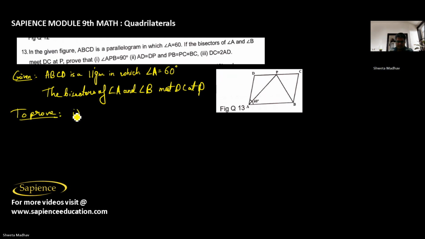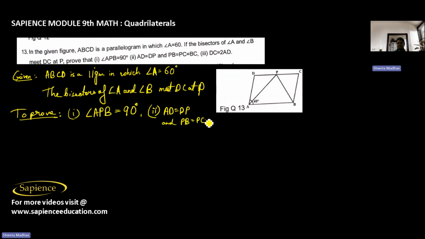Bisectors of angle A and B meet DC at P. We have to prove that, first part is angle APB equals 90 degrees, second AD equals DP, and third is DC equals 2 AD.